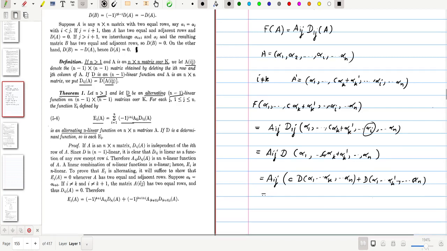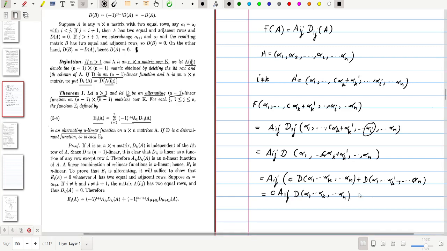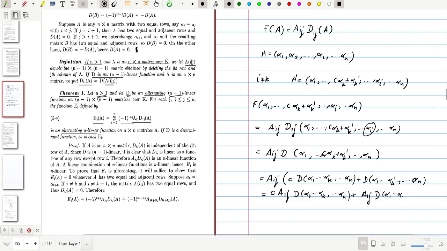Now you can distribute this Aij, that will give C times Aij times d of alpha 1, etc., alpha k, etc., alpha n plus Aij times d of alpha 1, etc., alpha k prime, etc., alpha n.